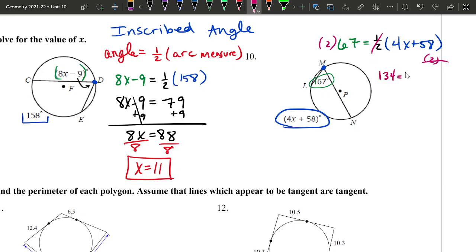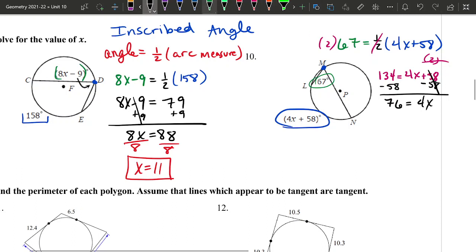So 134 equals 4x plus 58. And then subtract 58, which is 76. So 76 equals 4x. And then the last thing is to divide by 4. So 19 equals x. And those just ask for x, so that's it for those.